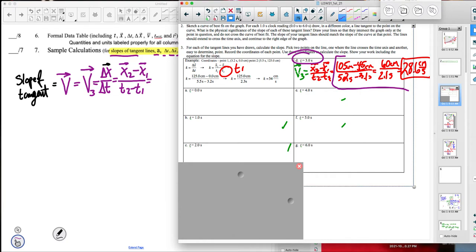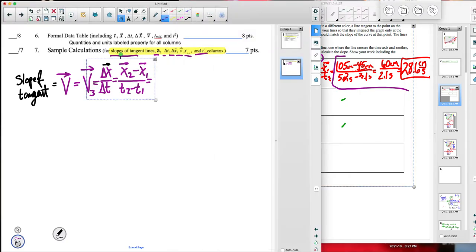So on the top of the fraction we've got 105 centimeters minus 45 centimeters, divided by 5.2 seconds minus 3.1 seconds.